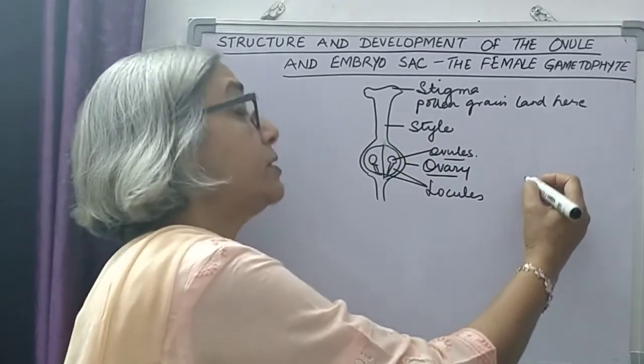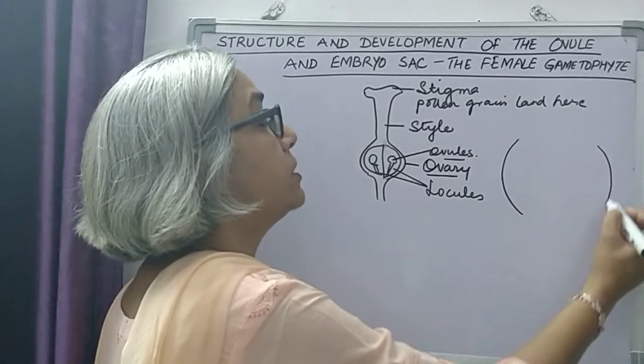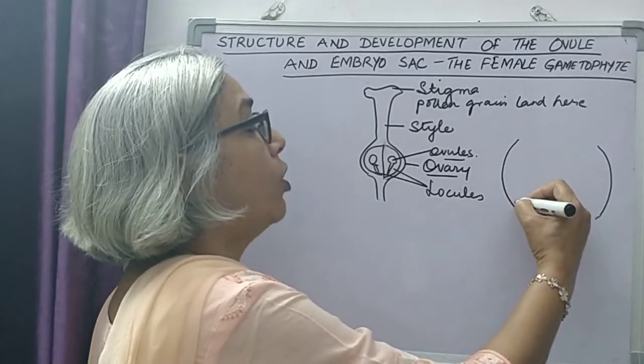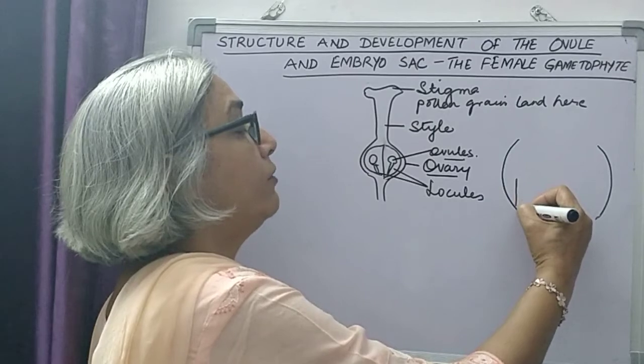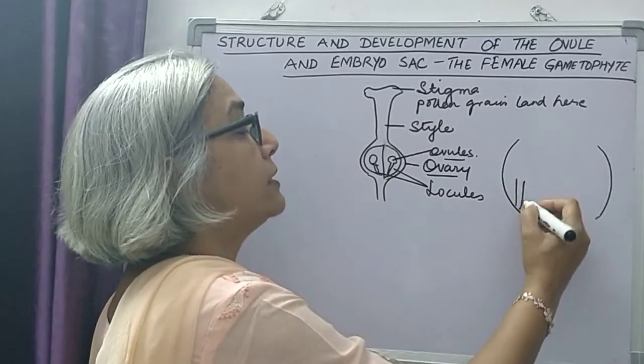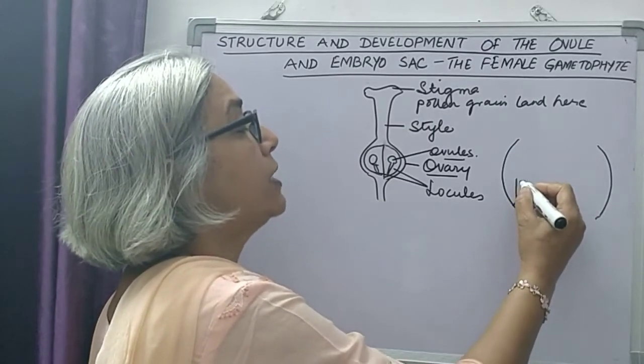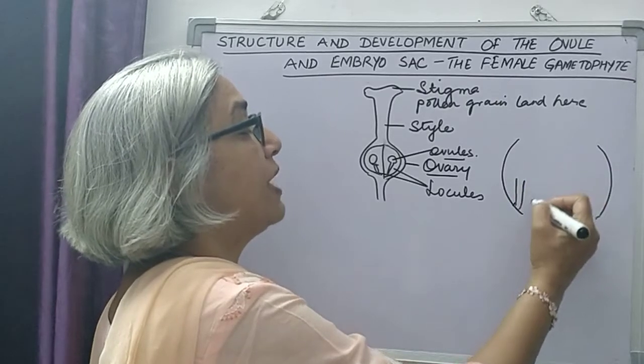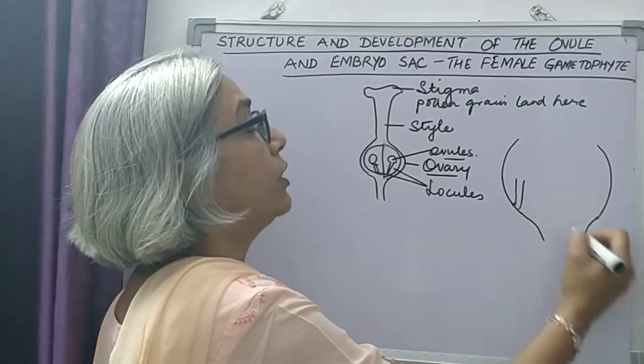So, if you look at the structure of the ovary, suppose this is the ovary. From the wall of the ovary, the ovule arises, and the stalk-like structure on which the ovule is based is called the funicle.